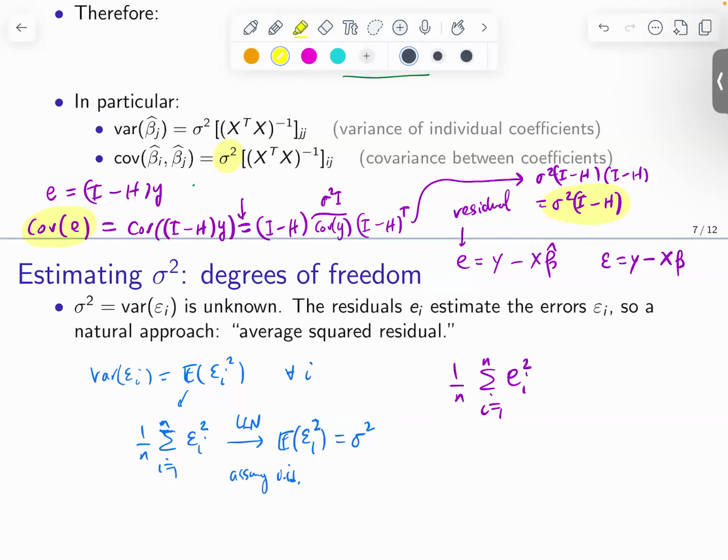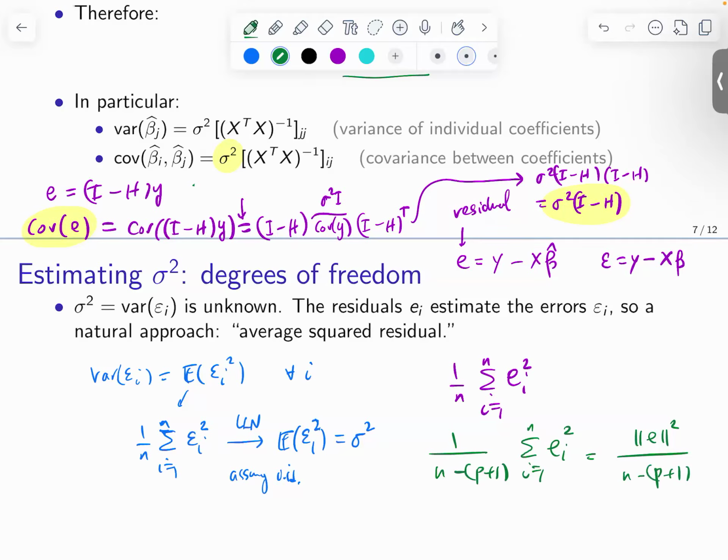If I want an unbiased estimator, this is not going to be one for sigma squared. I need to divide by the dimension of the subspace in which E lives, which happens to be n minus p plus 1. That's the dimension of the orthogonal complement of the image of X. This is the correction we need to make, and it will become very clear later on. So our estimate is the norm of E squared divided by n minus p plus 1.